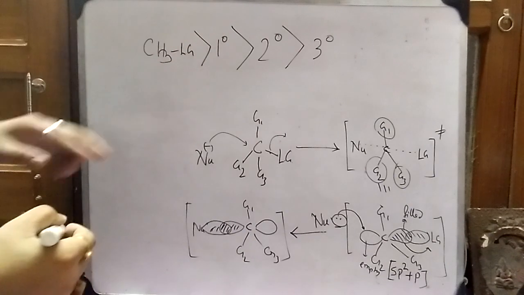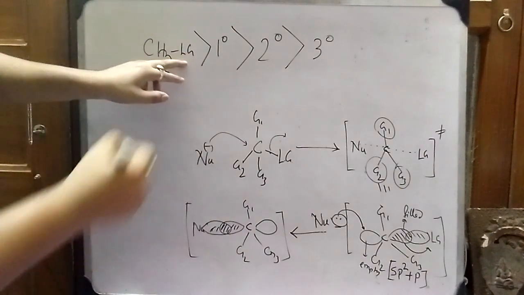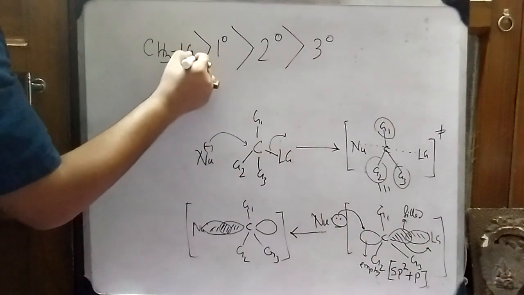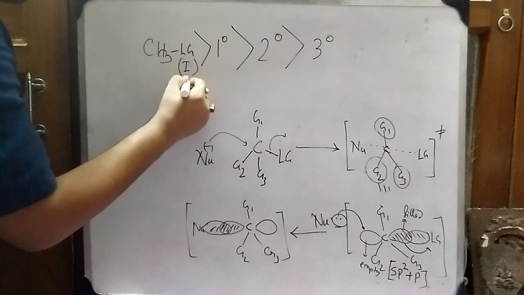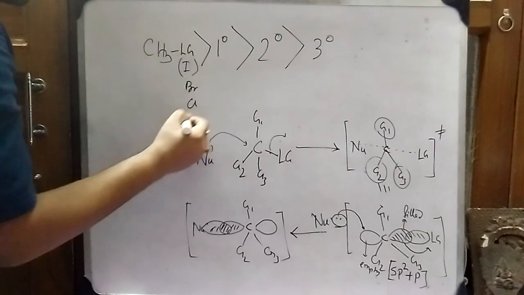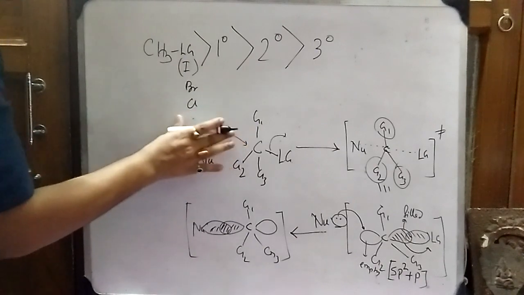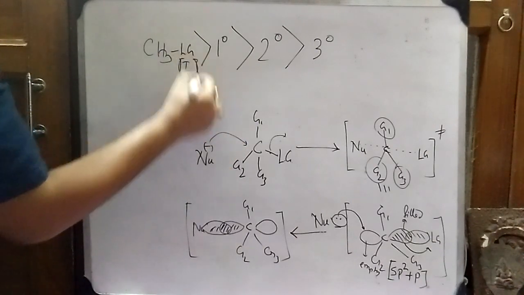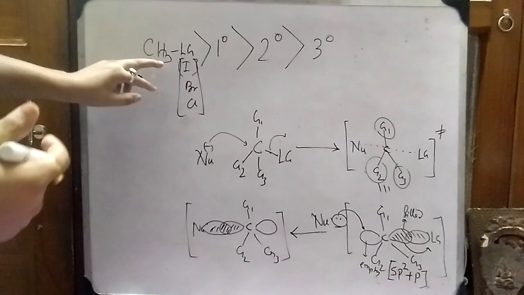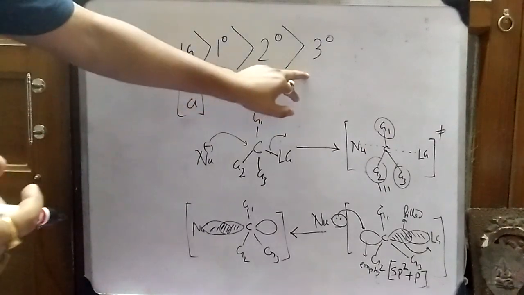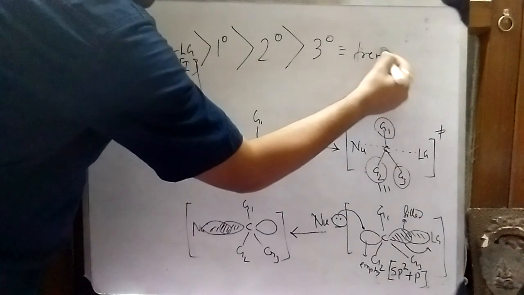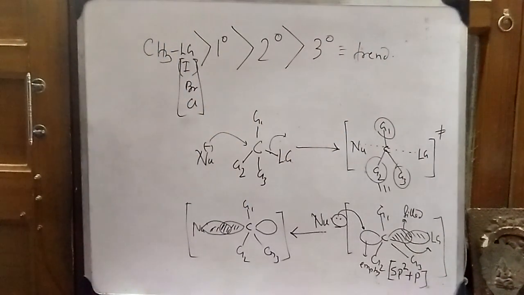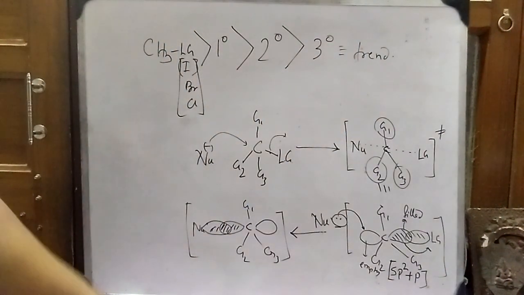Suppose this group is X, the halogens, it can be I, Br, Cl. So these alkyl halides will have this type of trend for the SN2 reaction.